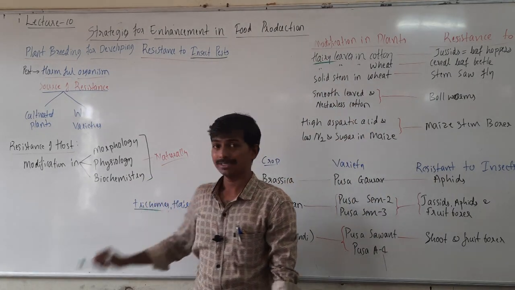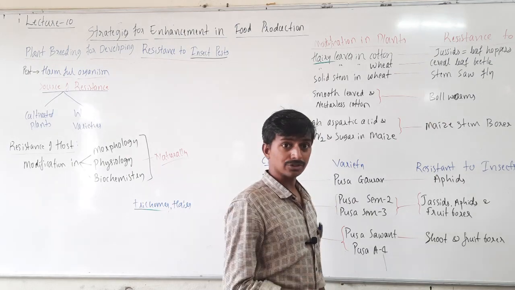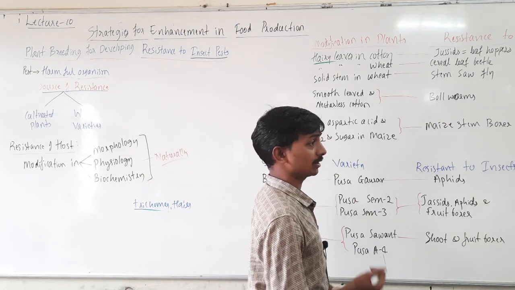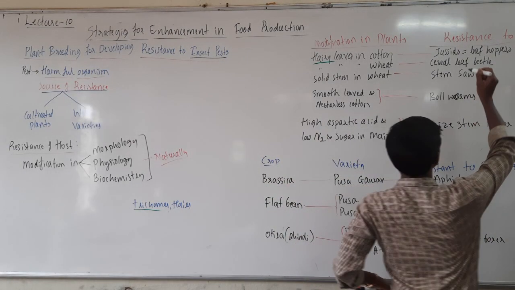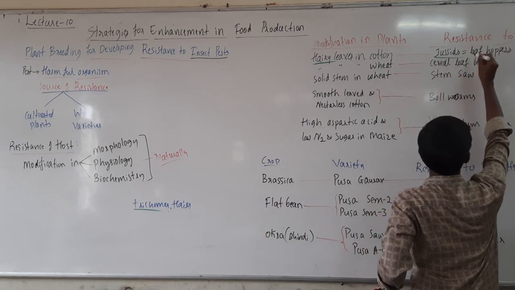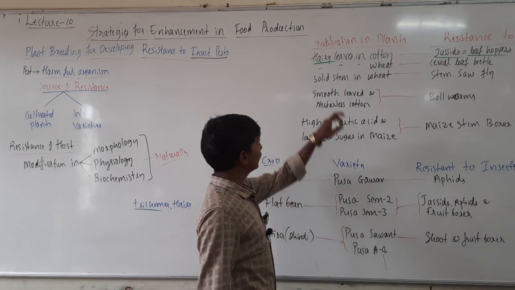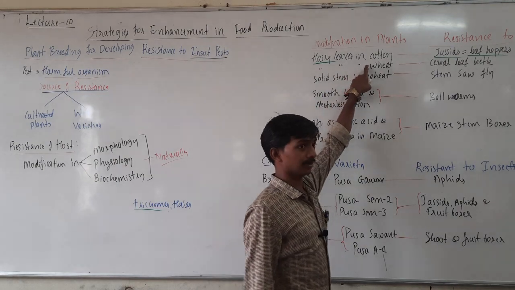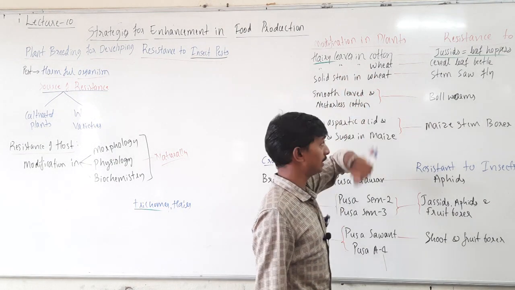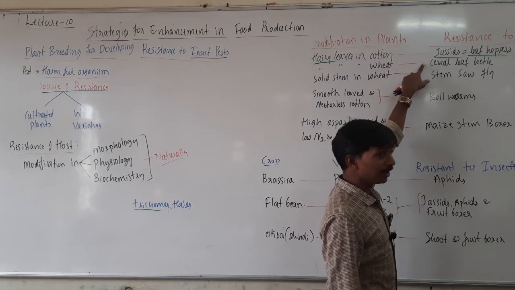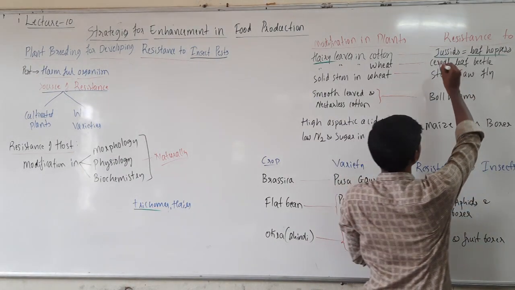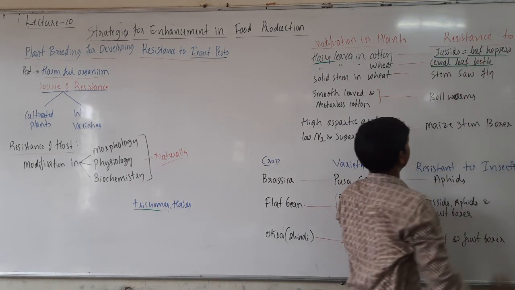Those hair-like structures help the cotton plant to be resistant to jassids and leaf hoppers. Meanwhile, because of the hairs on the wheat plant, it is resistant to the cereal leaf beetle.